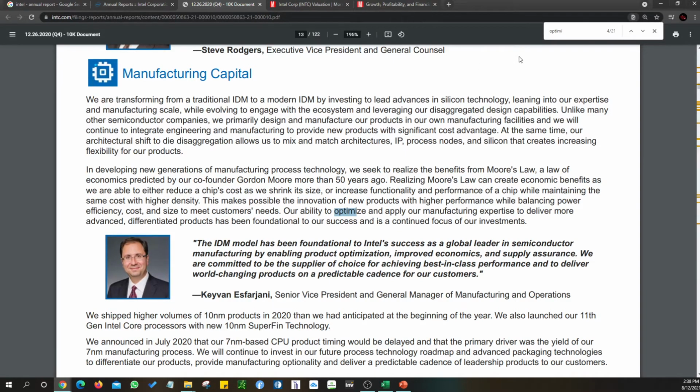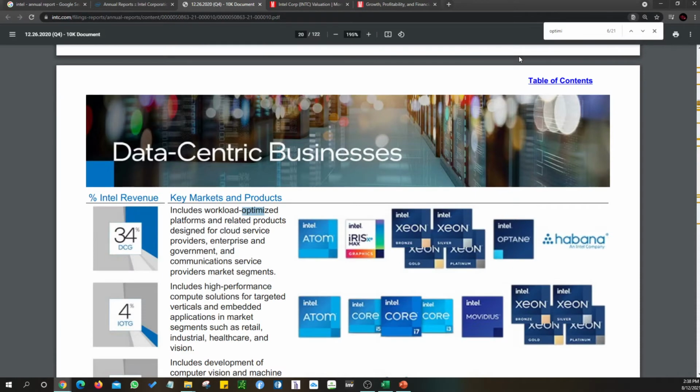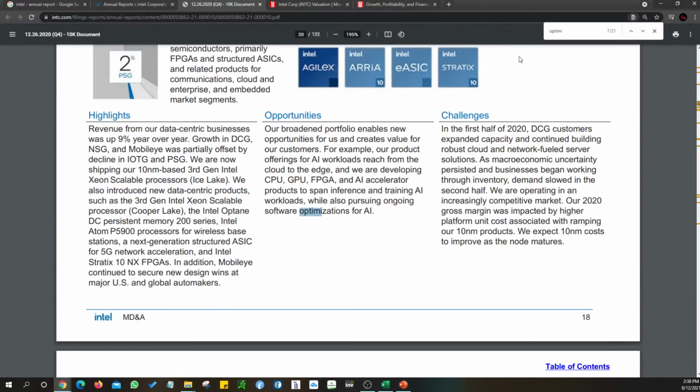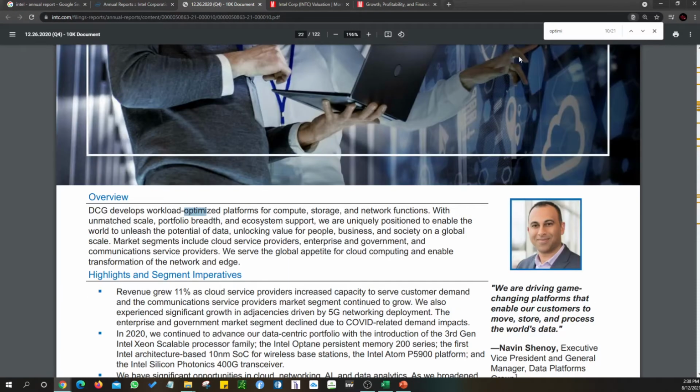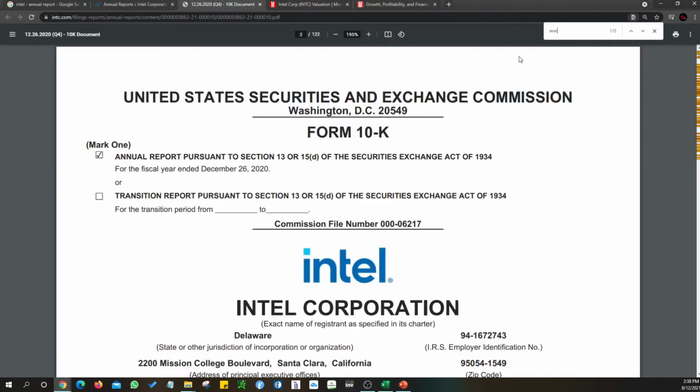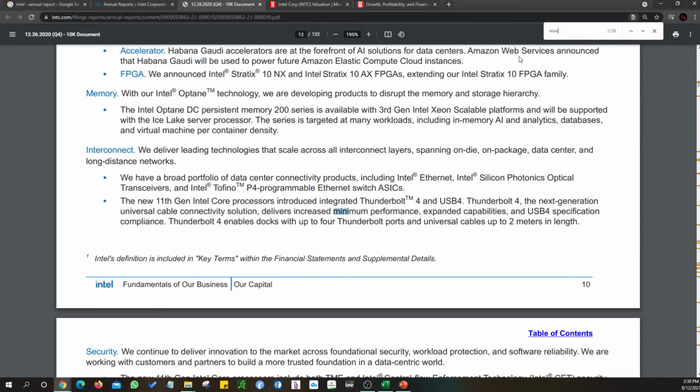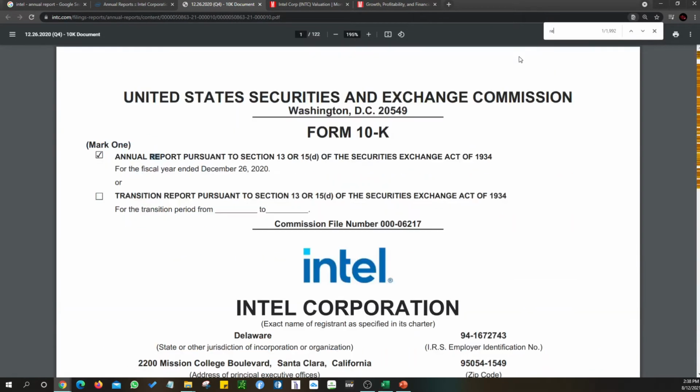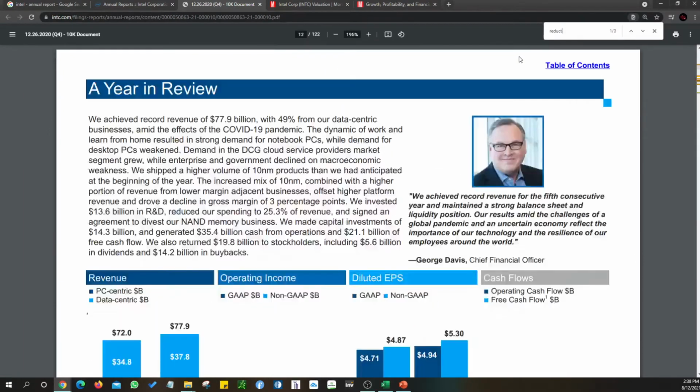It's agreeable, right? It includes a workload optimization platform. So there are many aspects. Okay, so let's see minimize. Okay, reduction.